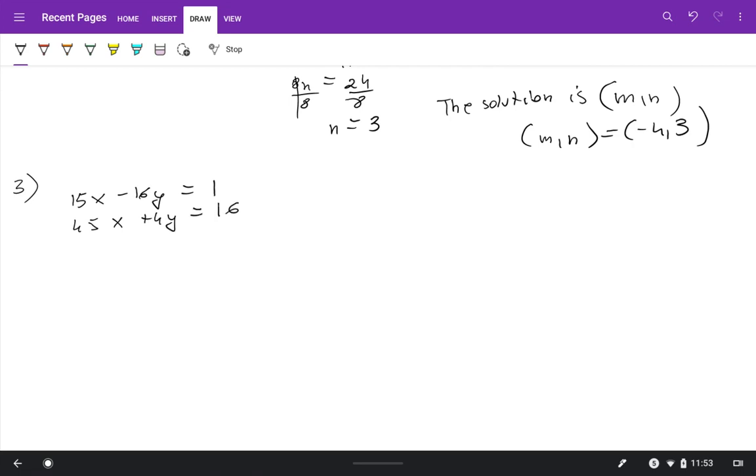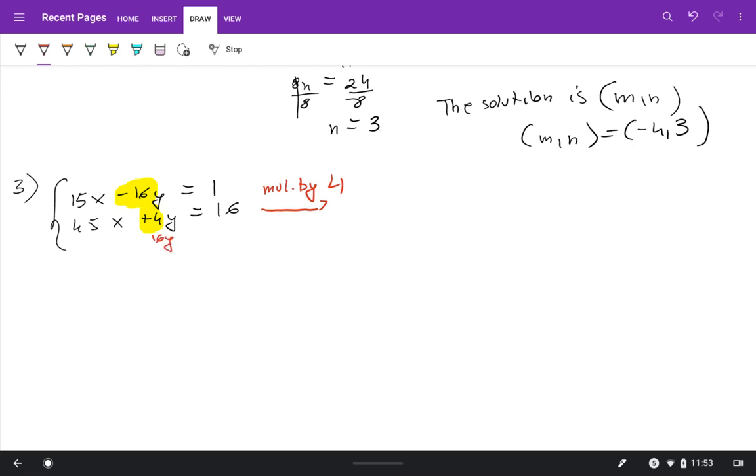Okay, so in this case, we already have both equations in standard form. What I'm going to do, I'm going to eliminate y. Because I already have opposite signs, now I need the opposite coefficients. And to get that, I will multiply equation 2 by 4, because if we multiply equation 2 by 4, that 4y will become 16y.